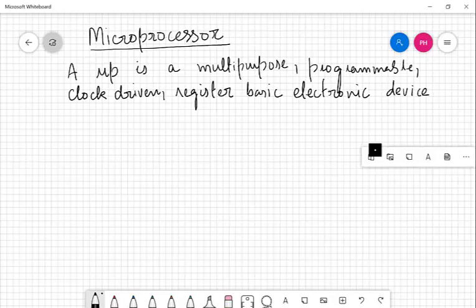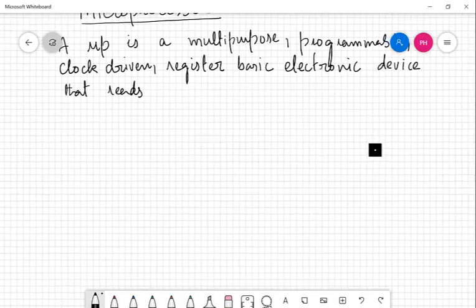Okay, enough with properties. Now what it does: it reads binary instructions, because since it's a digital electronic device, it only understands binary digits, zeros and ones.